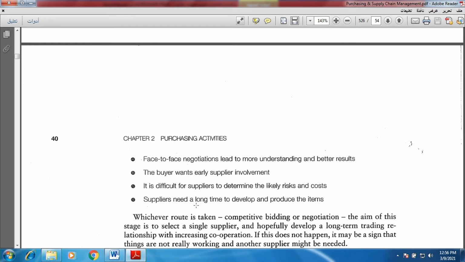We place a newspaper advertisement or send emails to certain suppliers and give them a period, usually one to two weeks, to prepare and submit proposals. Finally, a committee assesses the proposals and makes decisions based on the overall assessment criteria.